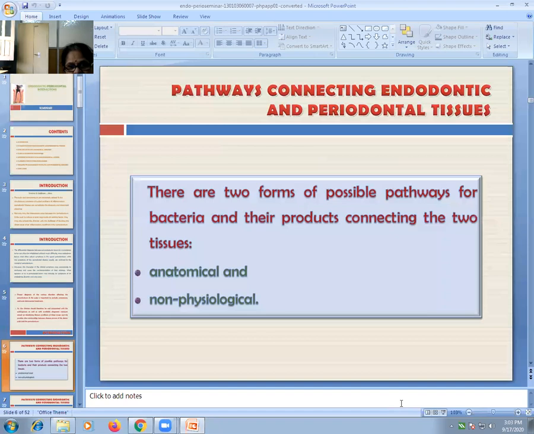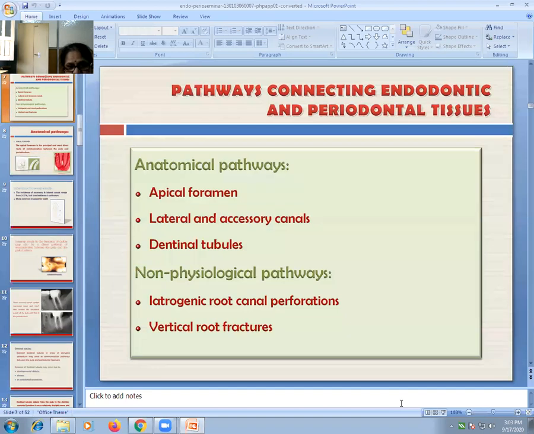So what are the pathways by which the endodontic and periodontal tissues get connected with each other? There are two pathways. First is the anatomical pathway, and second is the non-physiological pathway.